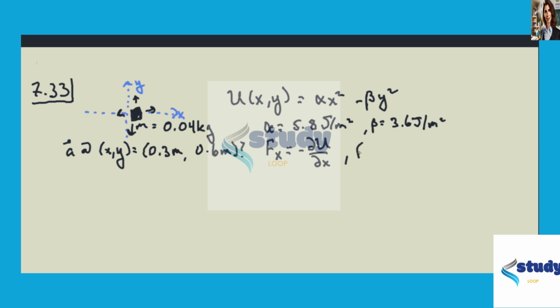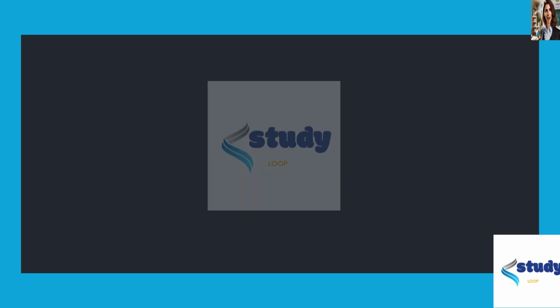The y component of the force is the same, but for y, it's the y derivative. And we know since this is the only force acting on it, it's the net force. And so the acceleration is going to equal force divided by the mass.